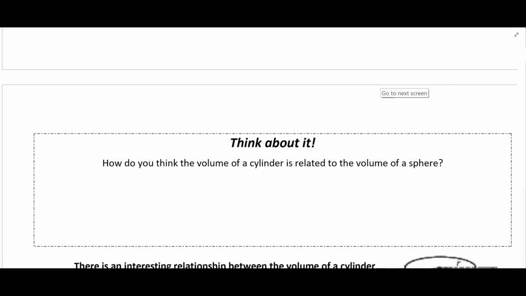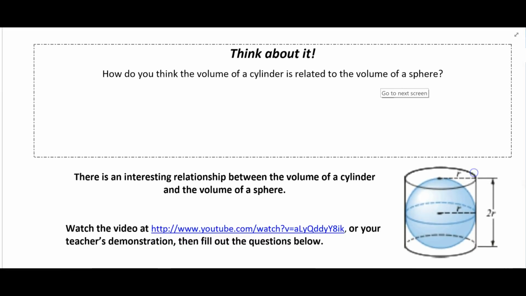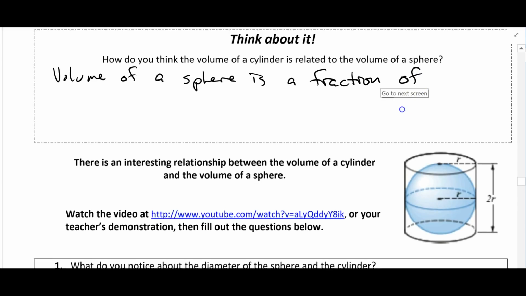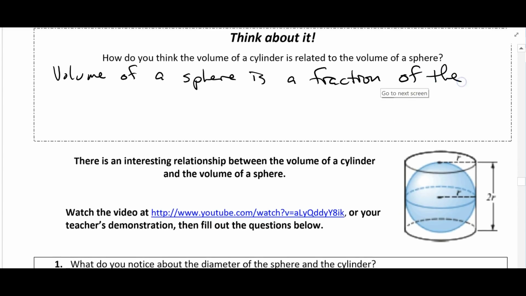So how do you think the volume of a cylinder is related to the volume of a sphere? Well, if you watched the video already, you can see that the volume is going to be less, and if you tried to fill this out before you watched the video, you may have guessed that the volume of a sphere is a fraction of the volume of a cylinder.